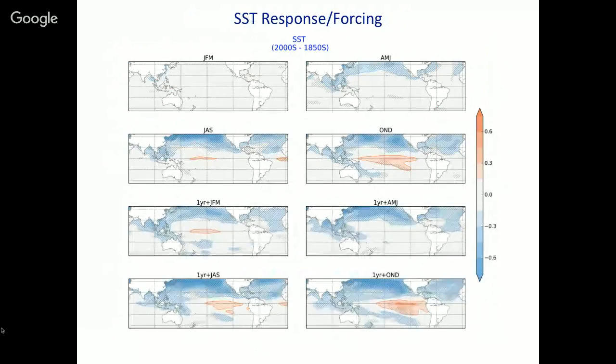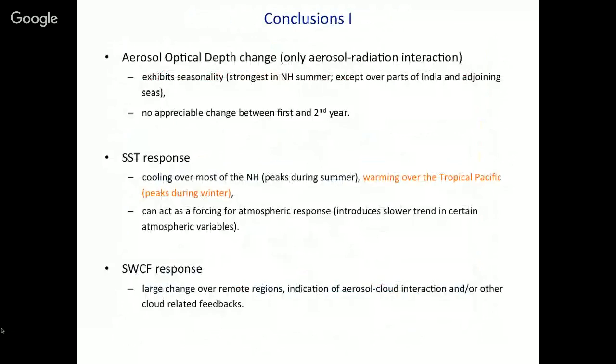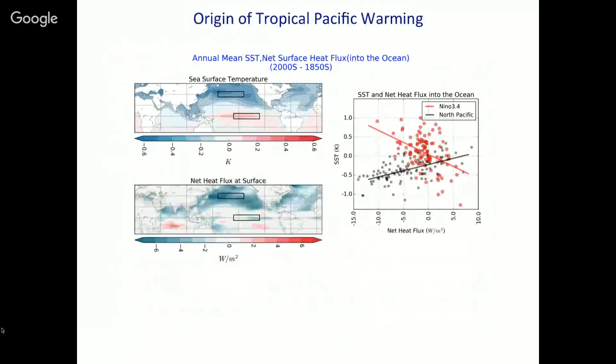So that's a broader picture. Now let's look at just the tropical Pacific warming. What this plot shows on the top is the annual mean SST response, and here is the annual mean net heat flux at the surface into the ocean. As you can see, there is a negative anomaly of heat flux over this region, which is consistent with a cooling of sea surface temperature.